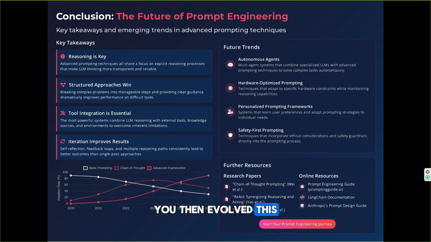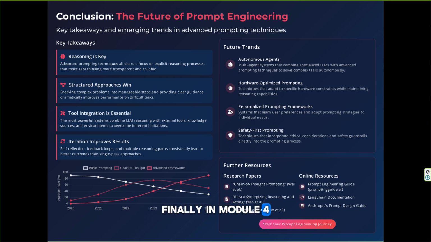You then evolved this concept into the more powerful tree of thoughts, enabling models to explore, evaluate, and backtrack through complex problem spaces. Next, in Module 3, you broke the model out of its black box by integrating external tools. You learned the ReAct and ReWoo frameworks to allow agents to interact with the world, gathering real-time data to overcome hallucination and outdated knowledge. You also saw how ART can automate the creation of these complex plans for new tasks.